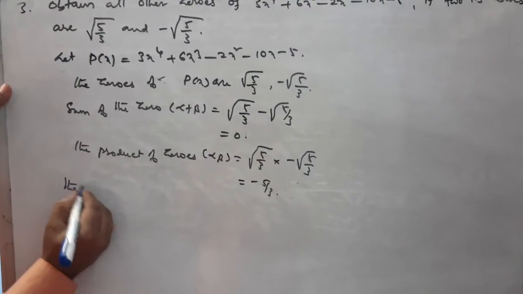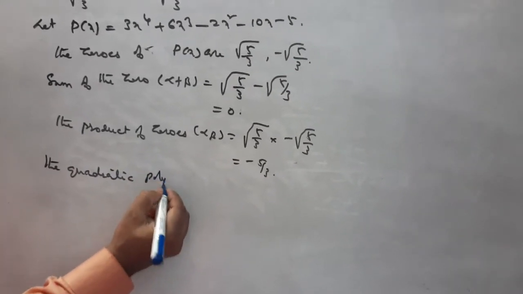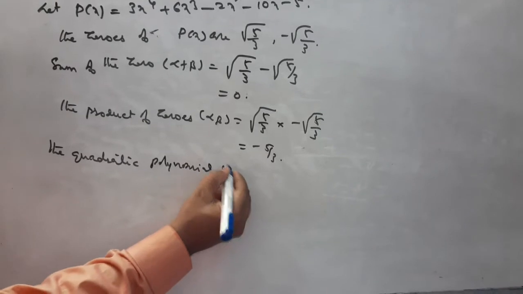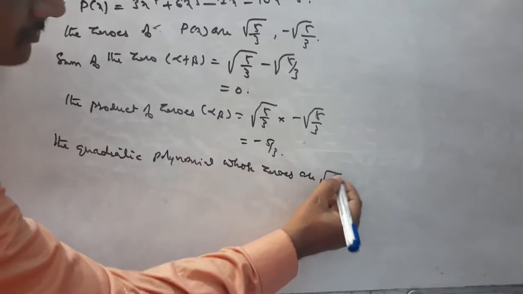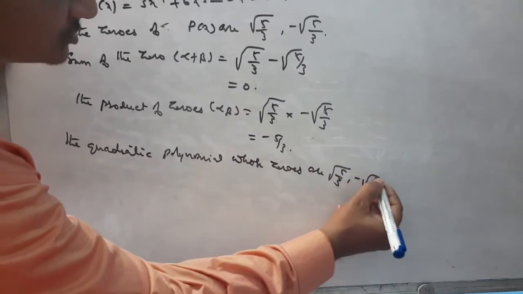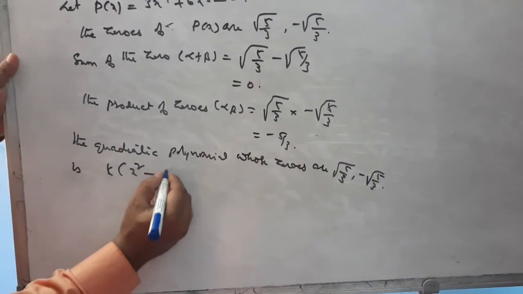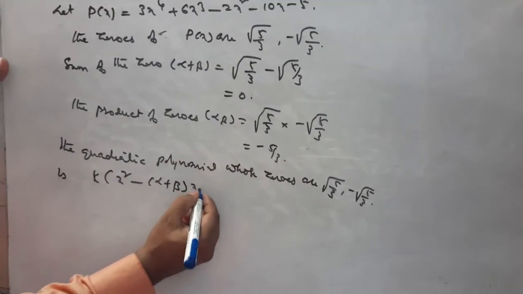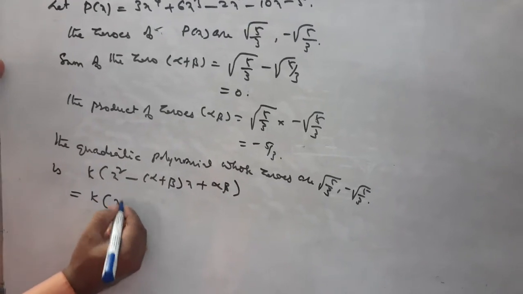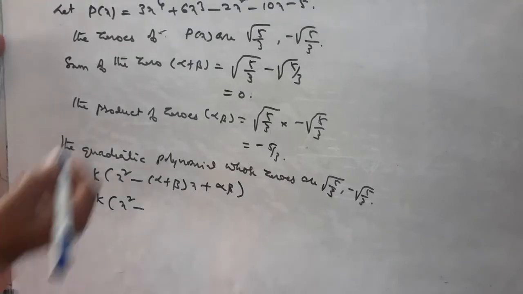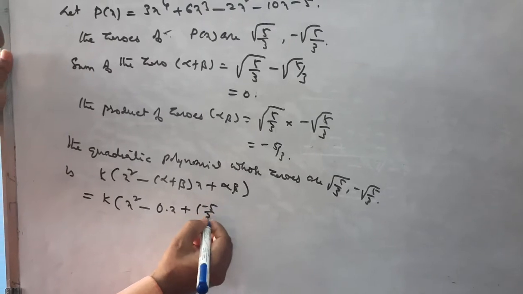So the quadratic polynomial whose zeros are under root of 5 by 3 comma minus root 5 by 3 is k into x square minus (alpha plus beta) into x plus alpha beta. So that is equal to k into x square minus 0 into x plus alpha beta, that is minus 5 by 3.